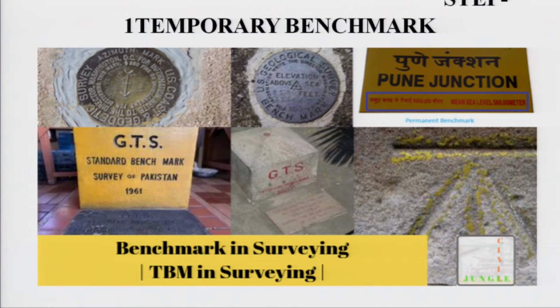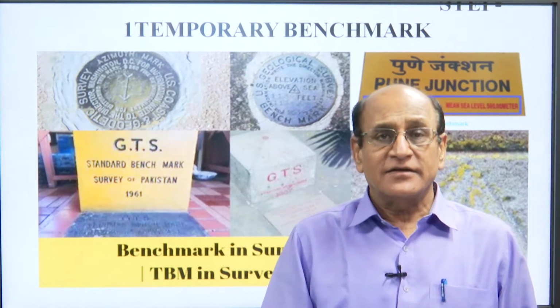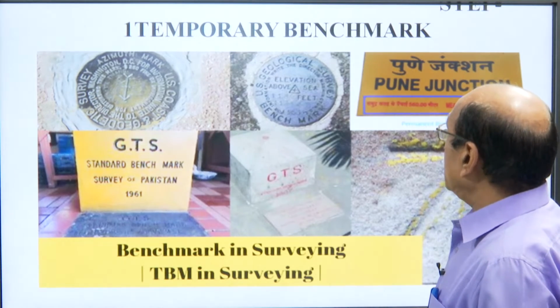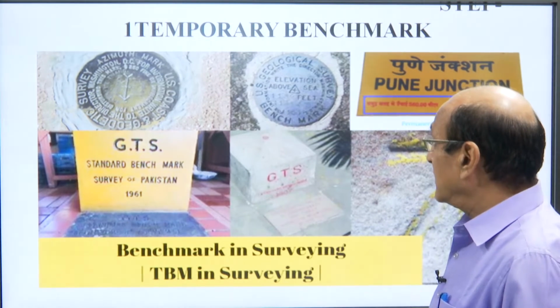Now, the first is the temporary benchmark. How is a benchmark located? One is that if it is one building or in a nearby area, then we can assume any level like 100. But for a bigger project, the temporary benchmark has to be marked.